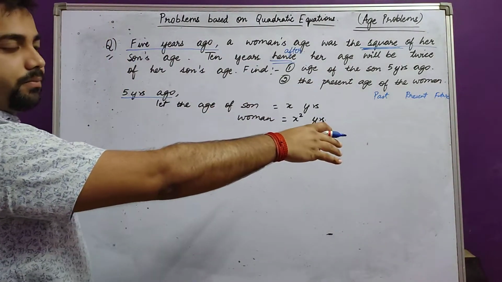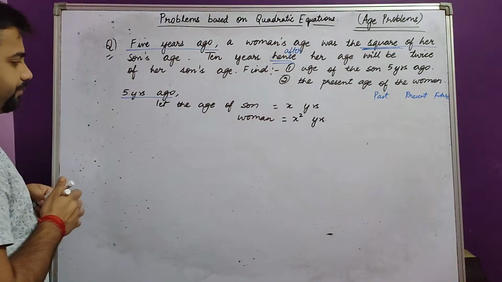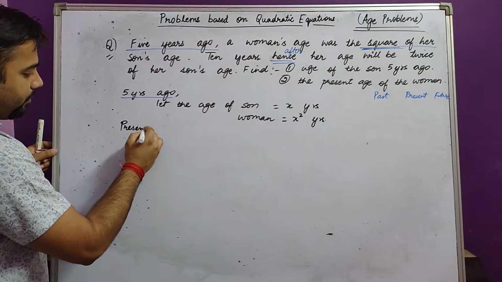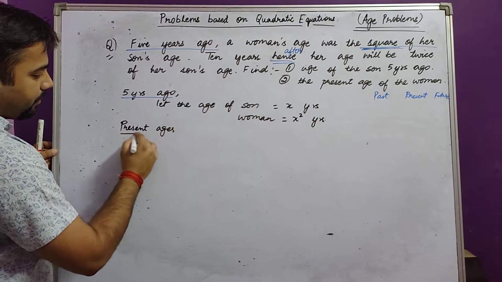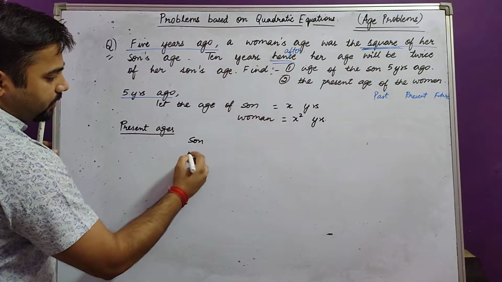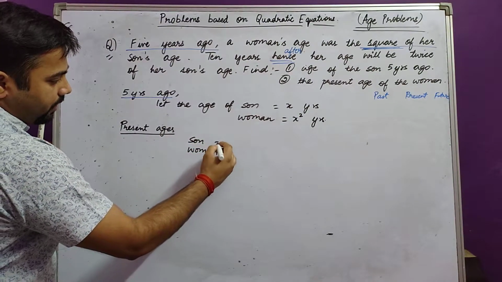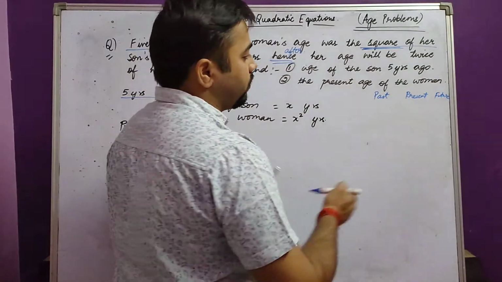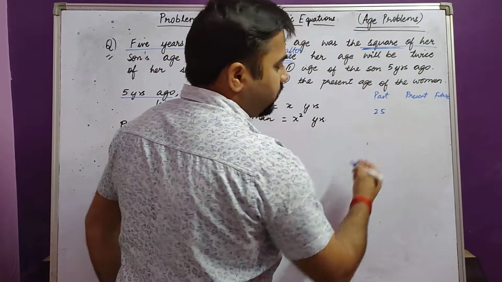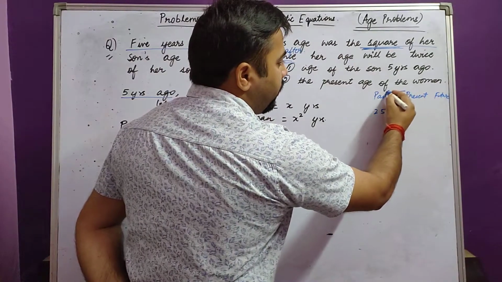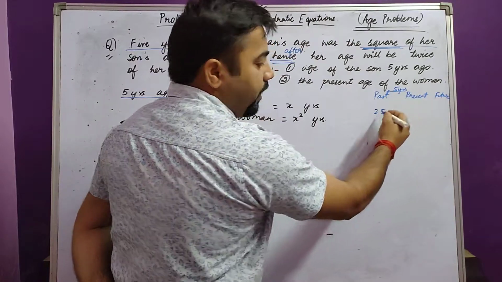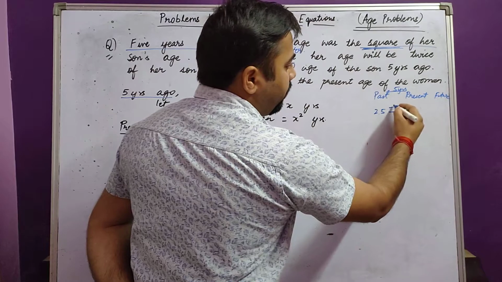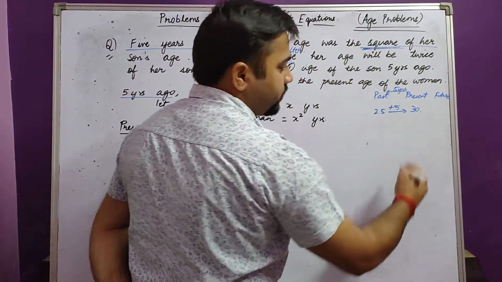After 5 years, that is in the present, we have to move on to the present ages of son and woman. If someone's age was 25 years 5 years before, in the present time his age will be 25 plus 5, that is 30 years.